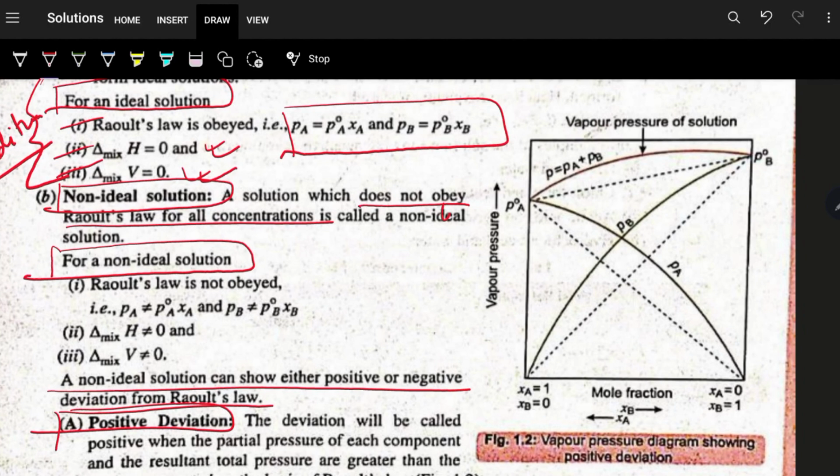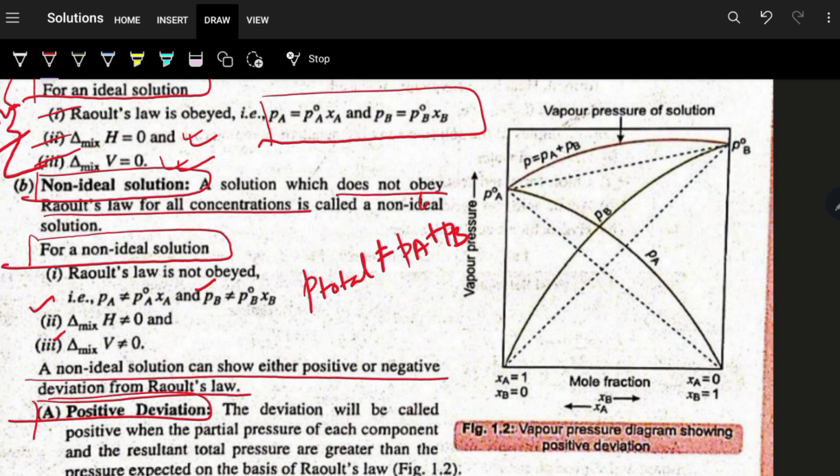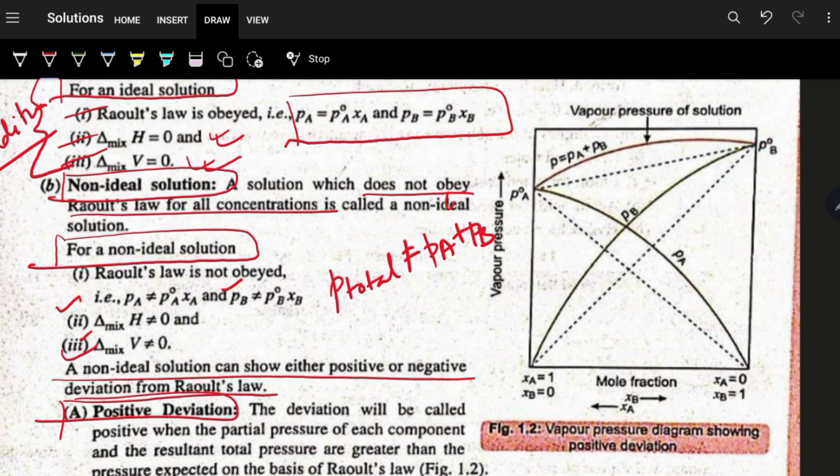If it is not obeying Raoult's law, that means P total is not equal to PA plus PB, and PA is not equal to P naught A into XA, and PB is not equal to P naught B into XB. Delta H mix is not equal to 0 and delta V mix is not equal to 0. Not equal to can be two things, either greater than or less than.